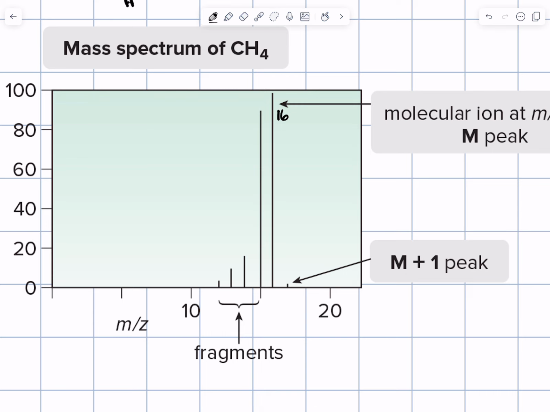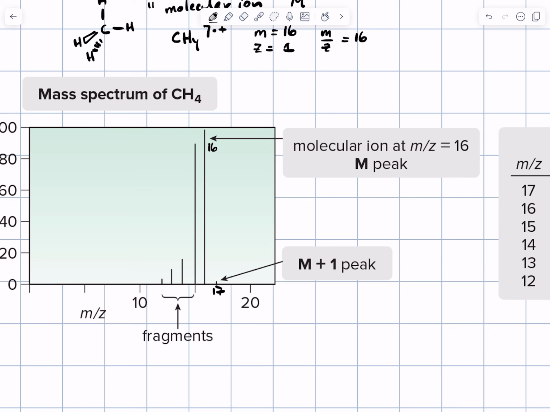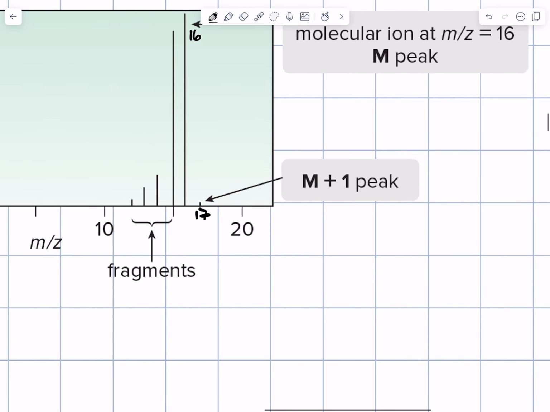However, we also see a peak at an m/z ratio of 17, and we need to talk about why that is. So you may have learned that about 1.1% of carbons are C13. So that means 1 out of every 100 carbons has an extra neutron in it.